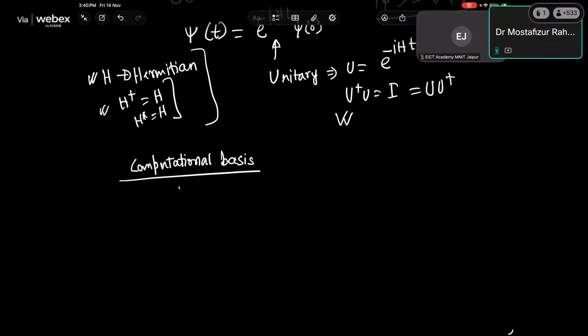For a single qubit, we just learned that the computational basis states are |0> equals (1, 0) and |1> equals (0, 1), right?